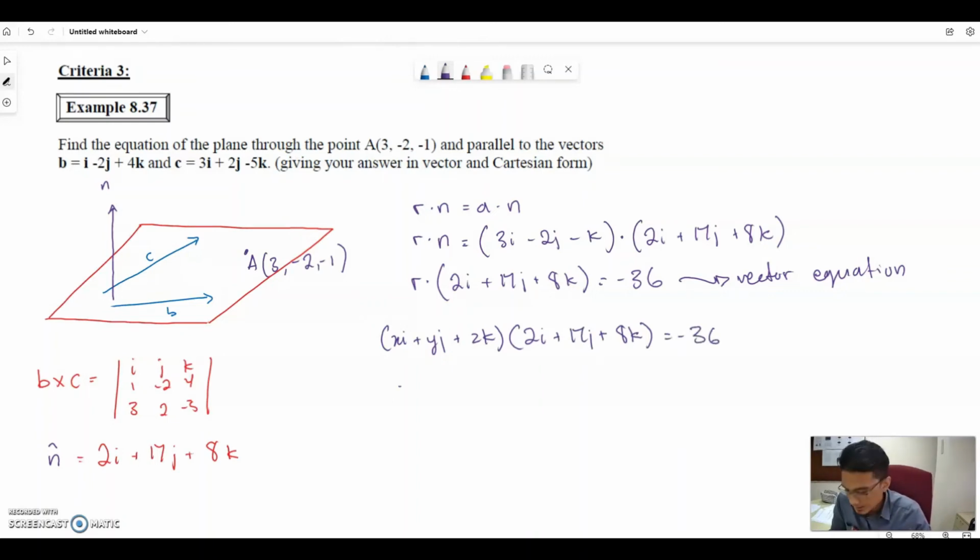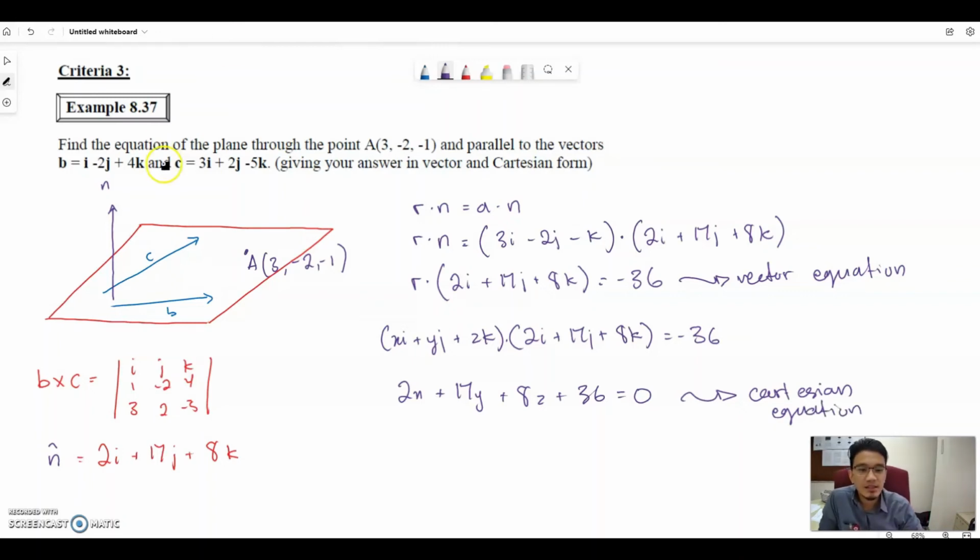So 2x plus 17y plus 8z plus 36 equal to 0. So this is the Cartesian equation. There is no parametric equation for a plane. Only vector equation and Cartesian equation.